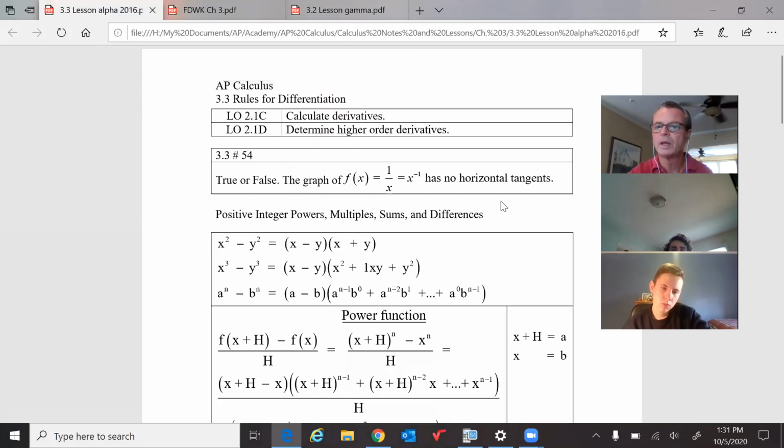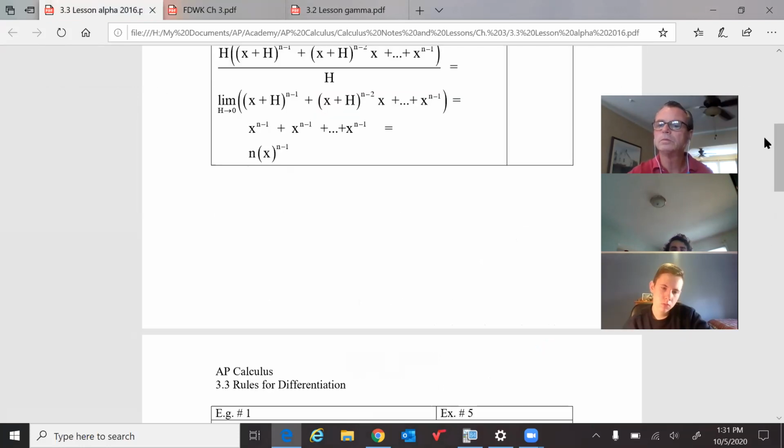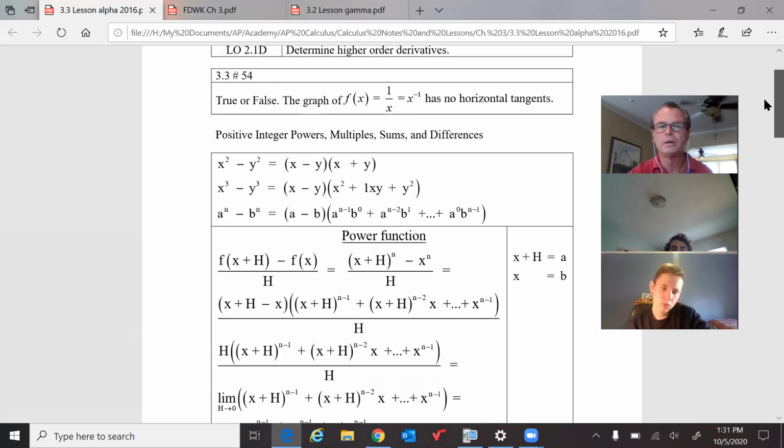So I'm here. Now the rule, the proof is based on this, which isn't in your book, so I'm giving this to you. You can factor the difference of squares. Yes, I've done that in Algebra 1. You can factor the difference of cubes.